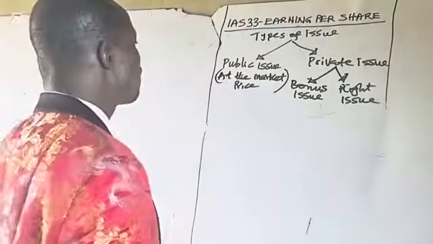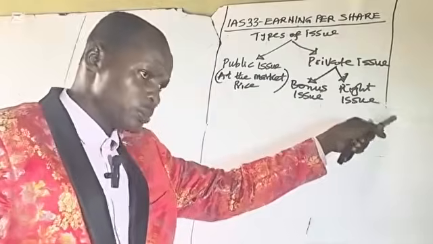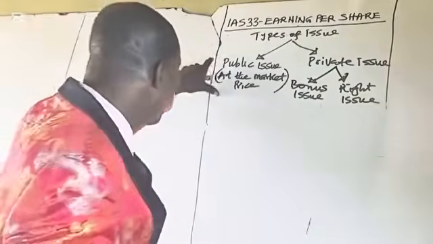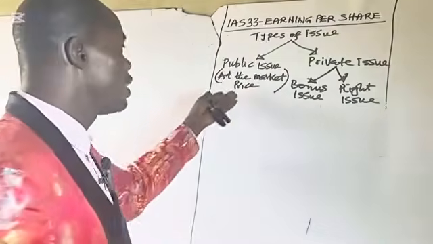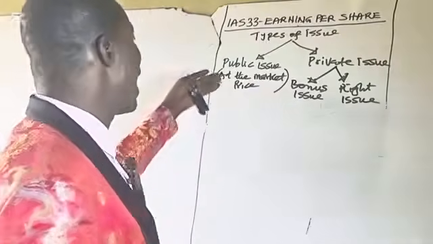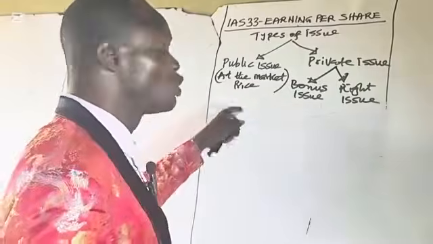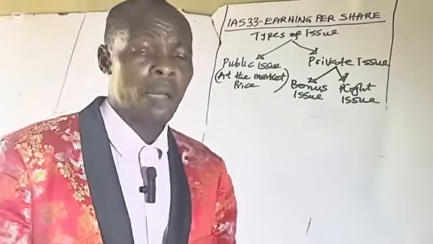I will leave private issue for another video. But in this very one, I want to concentrate on public issue. I've given you the format for calculating the weighted average number of ordinary shares in issue, which will be used in calculating the earnings per share.